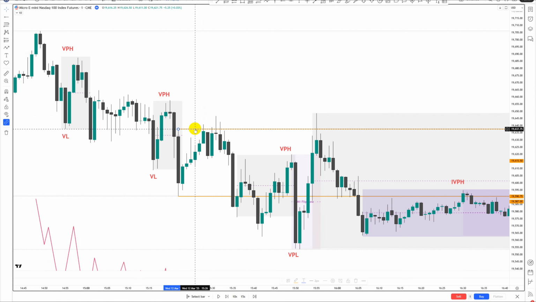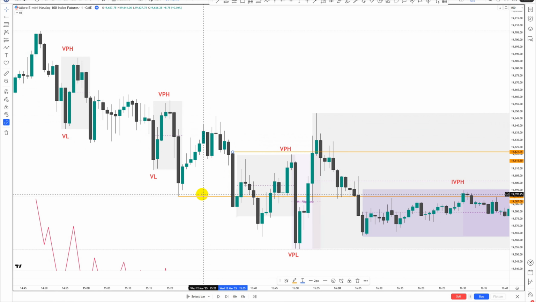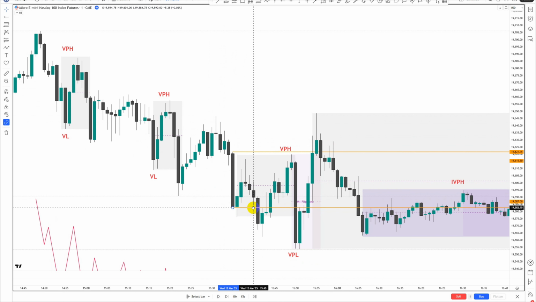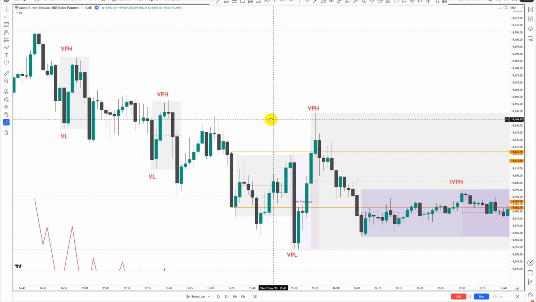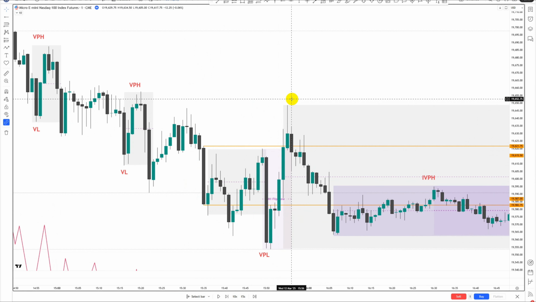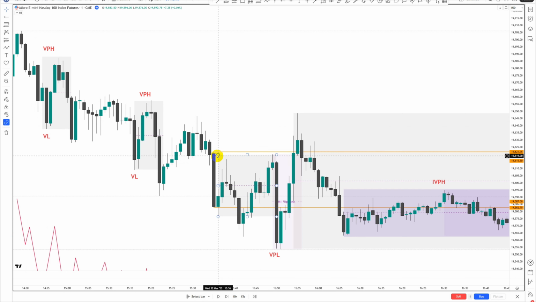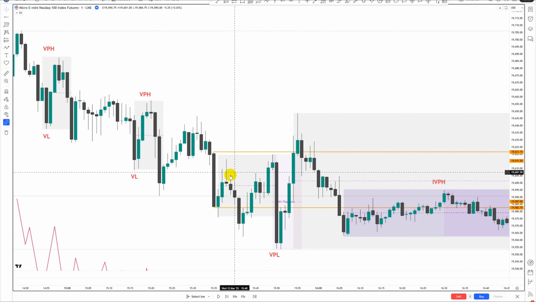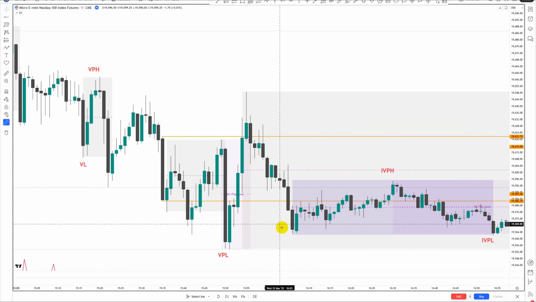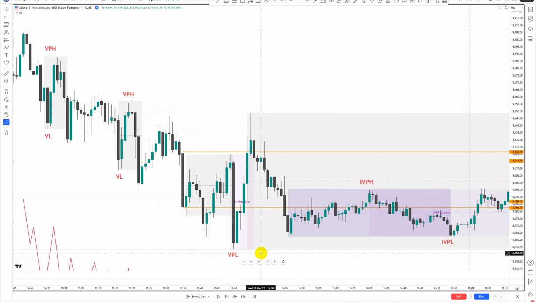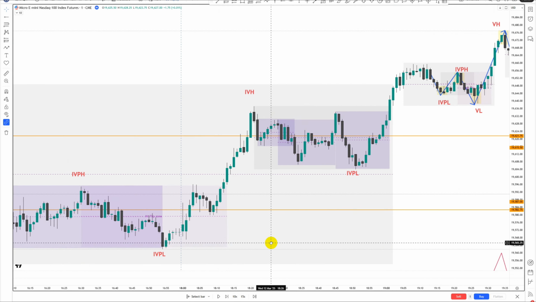Now, let's go to the other scenario. Here we have a valid... okay, yes, this one is valid because it is broken, but the valid one should be here, but we are waiting for the break of the market. So let's just erase this one. Here it is taken, but after some inner valid pullbacks. Now, we don't have any break of a valid low here, as you see in the future.